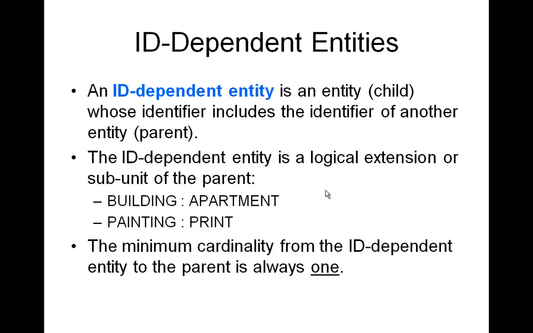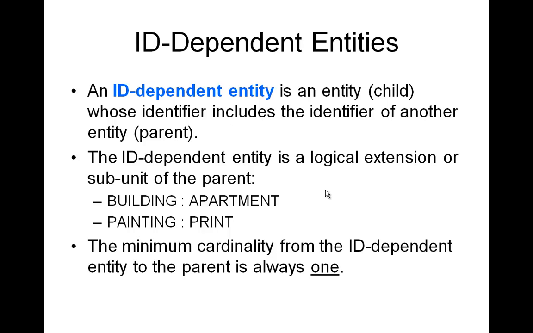For example, building and apartment. So the apartment is a child entity that depends on the building. If there is no building, there is no apartment. Painting and print. We will not have a print unless we have a painting.